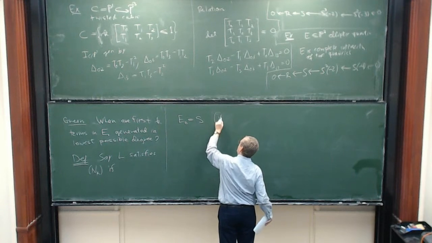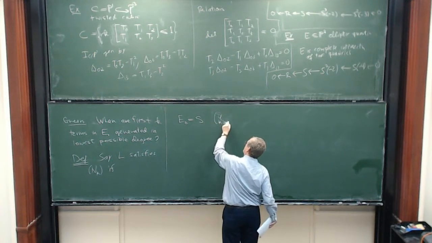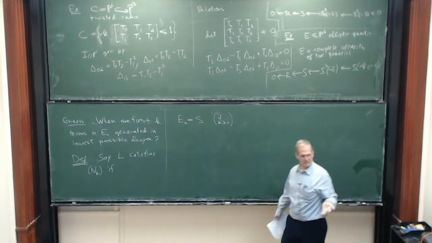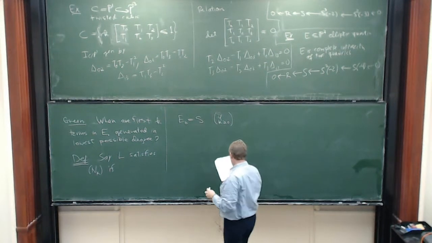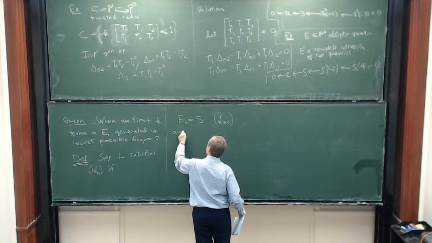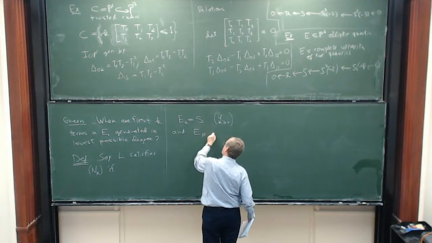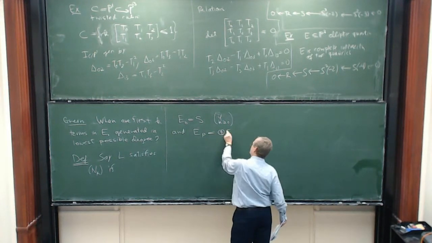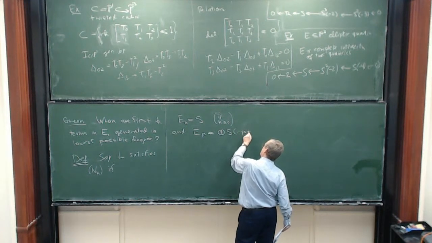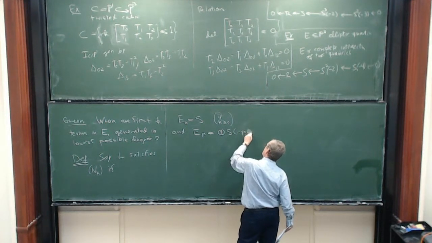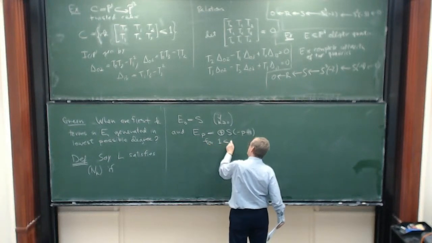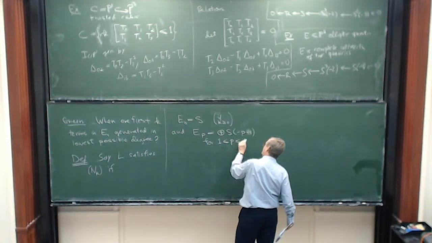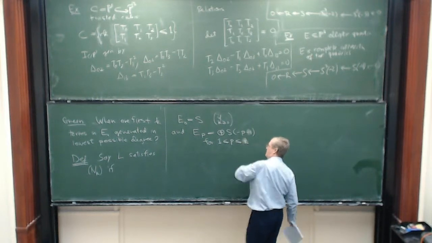This is when k is bigger or equal to 0. So we just build projective normality into the picture. And then for positive k, we ask that E_p have just degree p plus 1, so minus p minus 1, for 1 less than or equal to p less than or equal to k. So this is the definition.